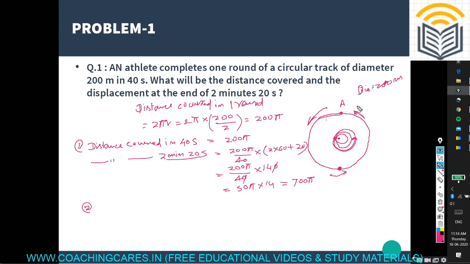So the initial position is this one, where the athlete starts, and this is the final position.